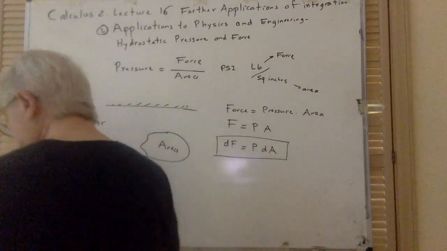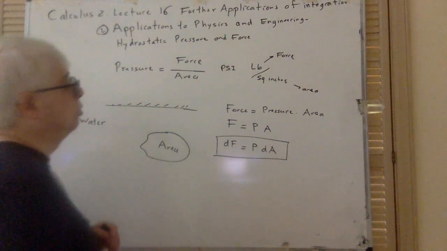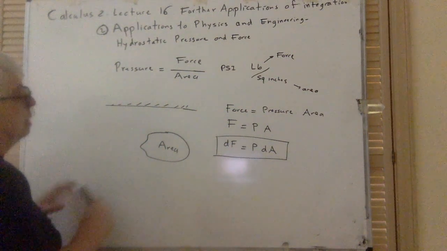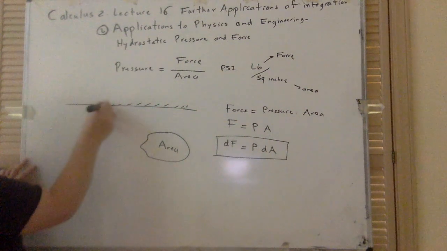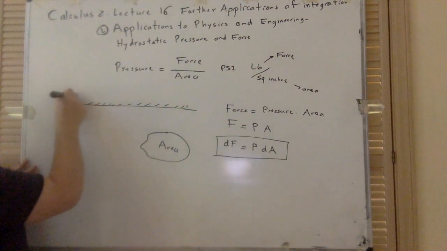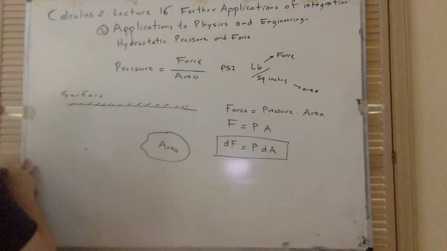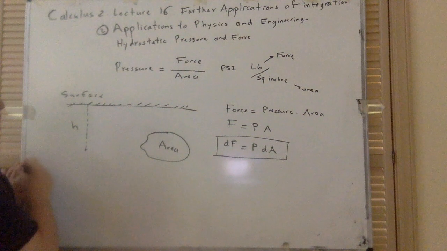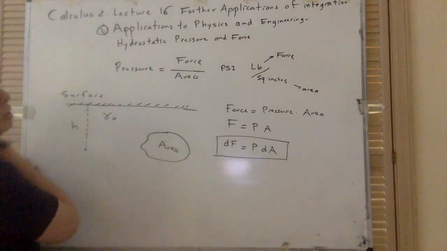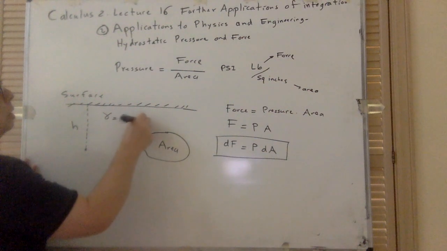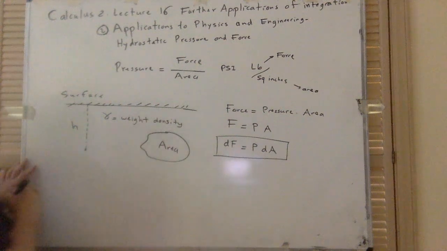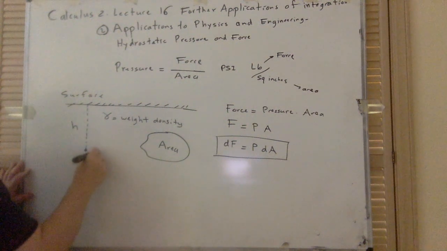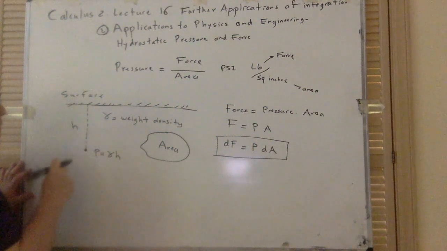It can be shown, we can prove this in fluid mechanics, that the pressure at a certain distance from the surface, so this is the surface, and you have a point here at depth h, and the liquid has gamma as weight density, then the pressure at this depth is simply gamma h. So it's gamma times depth.